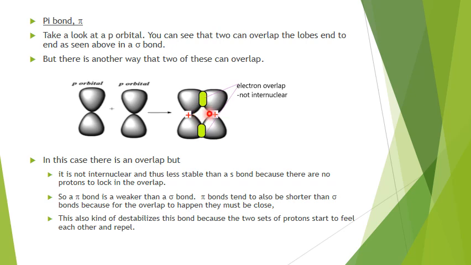They're unstable for two reasons, both having to do with the protons. One is that the protons aren't locking in the electrons. The other is that they're getting too close and starting to repel each other. So it's fairly easy to break apart what we call a pi bond.